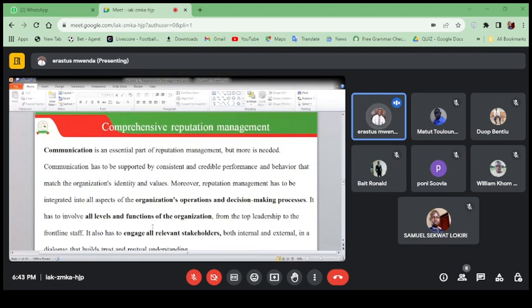We have also what we call comprehensive reputation management. We are saying this is something that is very essential, and it is needed in every organization.